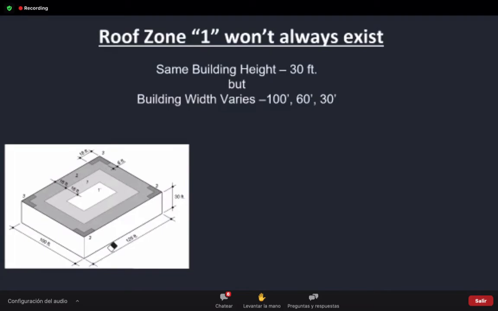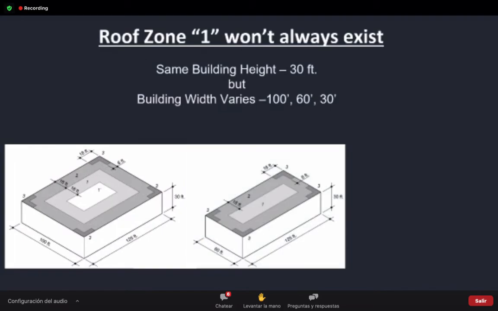So everything's the same that we've been looking at, but now we go to the 60-foot wide, and what's happening is it's eating up that zone 1 prime. Because the width is smaller, you still have to do the 18 feet from the 0.6 of the building height.